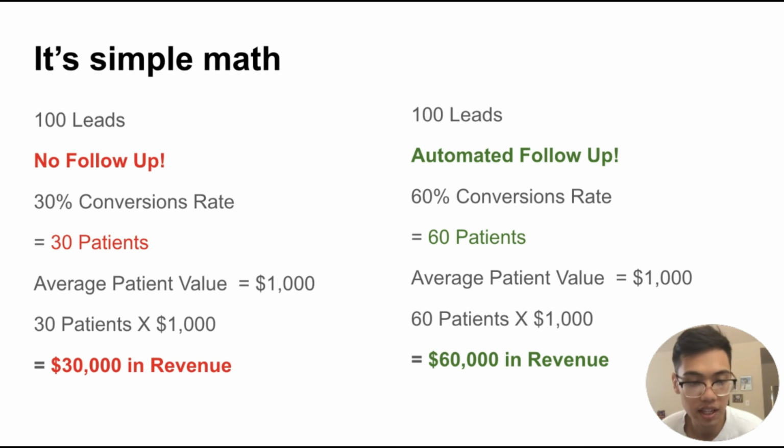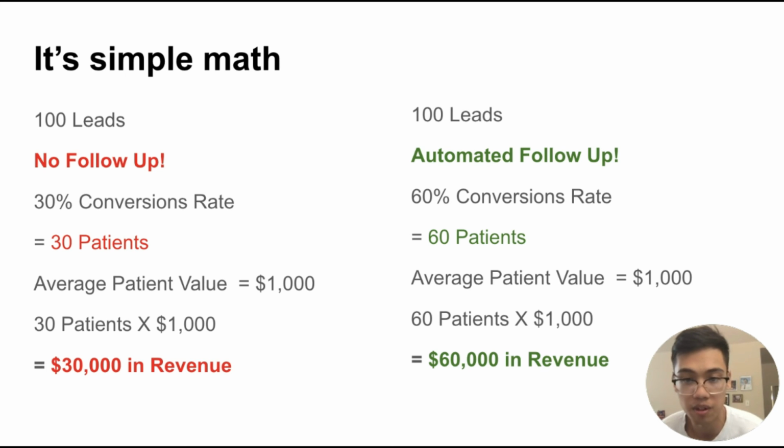So what we found was that with speed and follow-up processes in place, you can get that really dialed in, and you can take that conversion rate up to 60% or more. So in the first case, let's say you have 100 leads and a 30% conversion rate without a good process in place, and you get 30 patients with an average patient value of $1,000. 30 patients at $1,000 equals 30,000 in revenue.